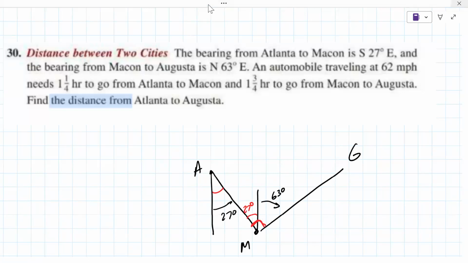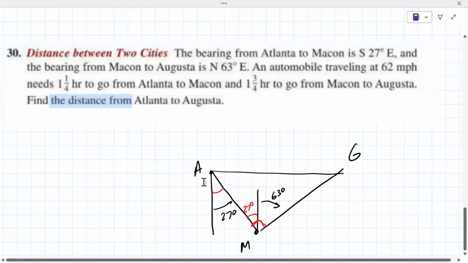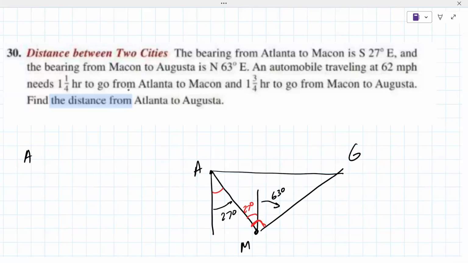And so they're essentially giving you two sides of a right triangle. They're telling you Atlanta to Macon is 62 times 1 1/4. So A to M is 62 times 1.25.